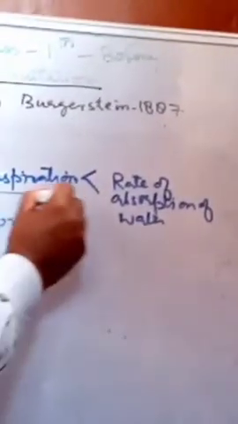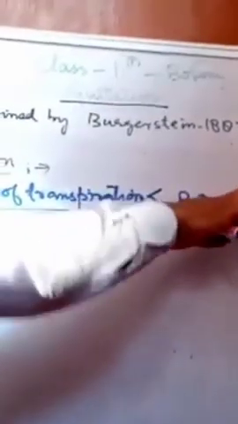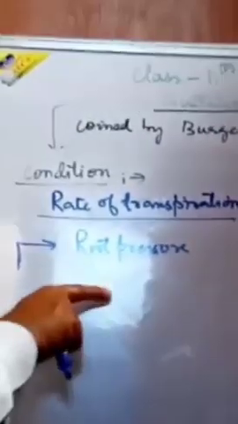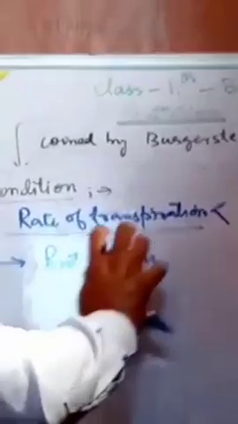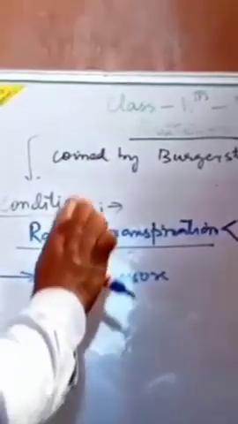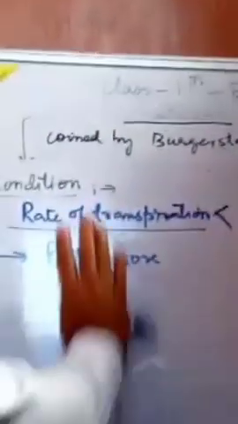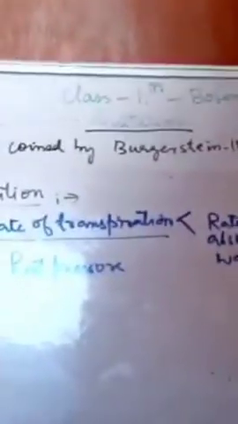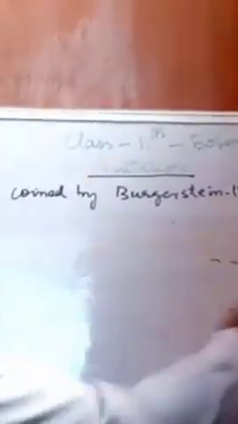So the main condition responsible for guttation is when the rate of transpiration is less than the rate of absorption of water. It is mainly the root pressure which plays an important role in guttation, because it is the root pressure which allows the upward movement of water.